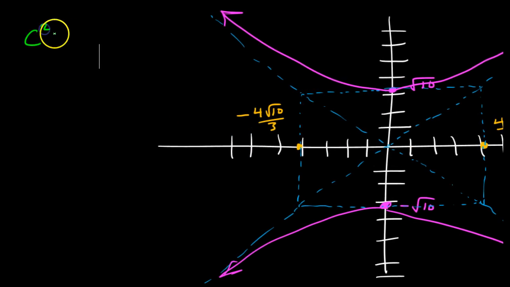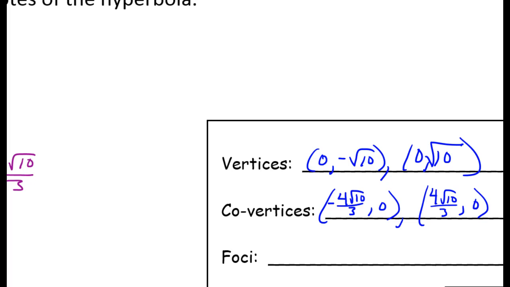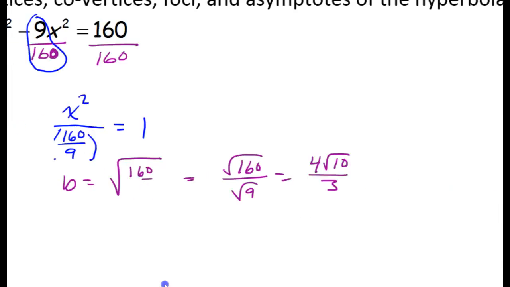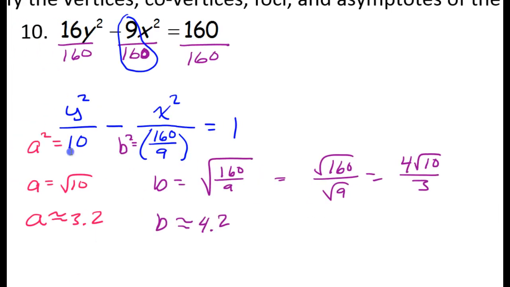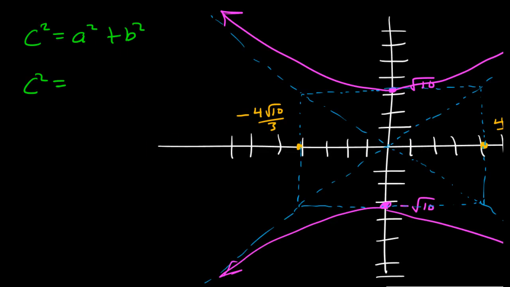I know that c squared is equal to a squared plus b squared. So c squared is going to equal, okay, a squared is 10 and b squared is 160 over 9. So that's going to be 10 plus 160 over 9.